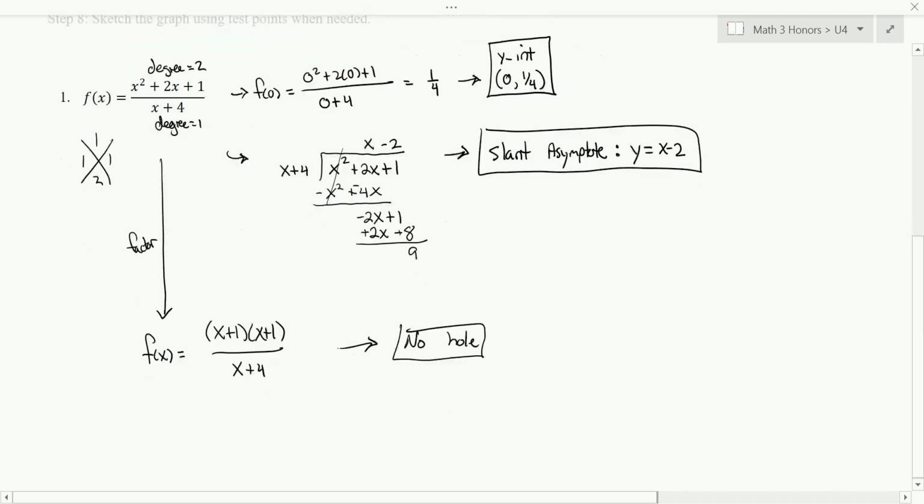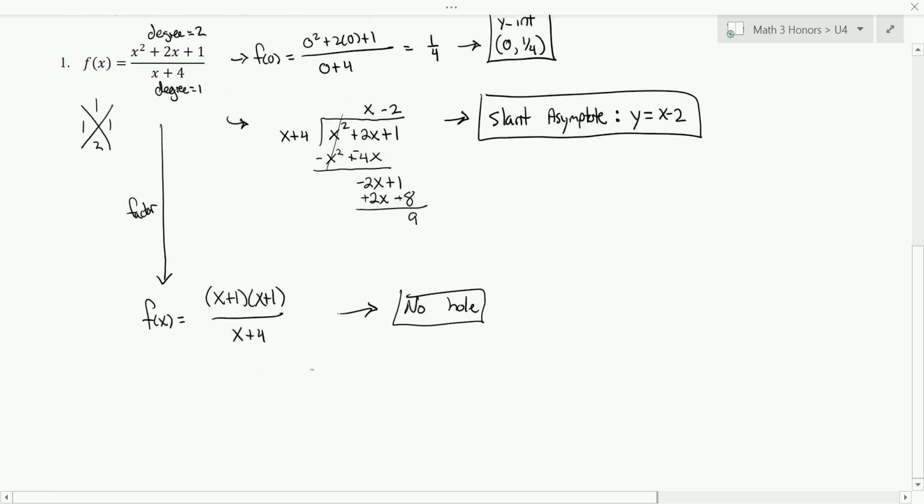What's the next step? Find the x-intercepts. So for x-intercepts, you take each factor in the numerator, set them equal to 0, and solve, because you get an x-intercept for x values that make the fraction equal to 0. They're the same factor, so doing it once is enough.